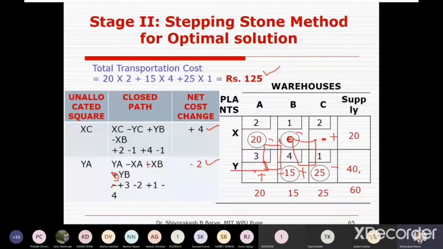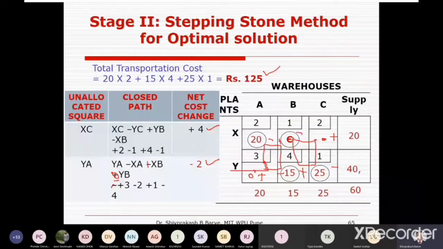Here the minus 2 indicates that if I shift some units at this cell YA, it will reduce the transportation cost, or I can get an improved solution.